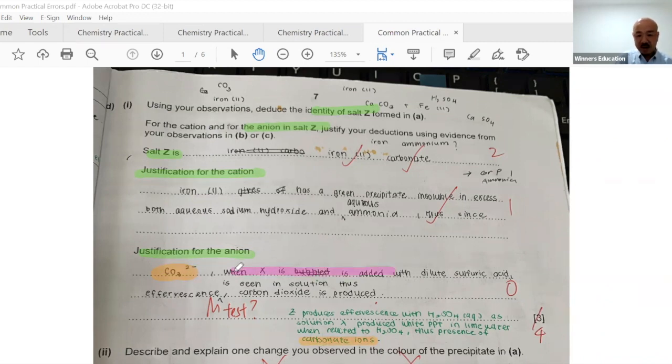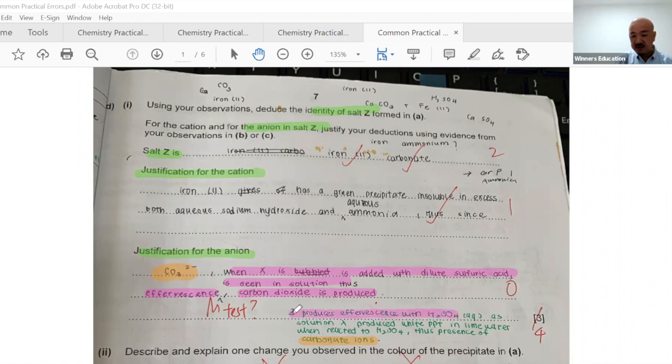"When X is added with dilute sulfuric acid, effervescence is seen in solution, thus carbon dioxide is produced." This girl never did the lime water test. Are you with me? So she got 0 for that part, which we all know the answer is very easy.